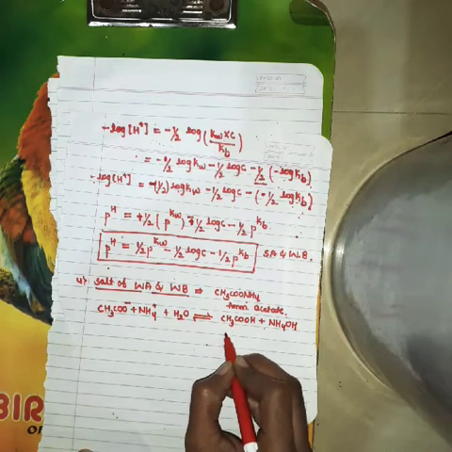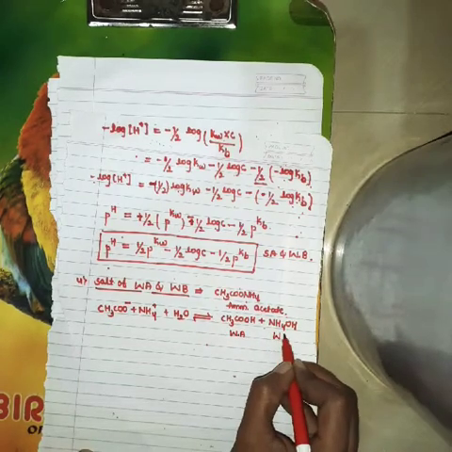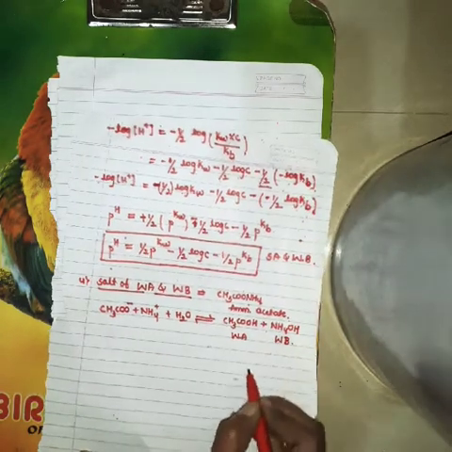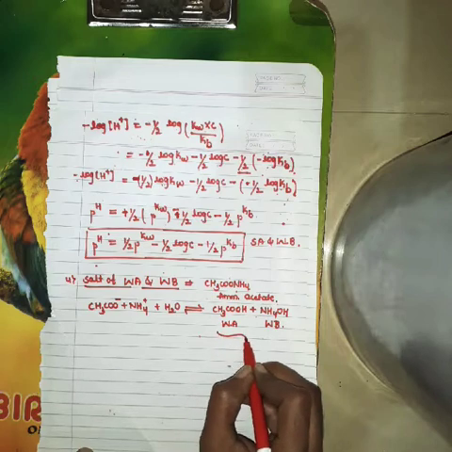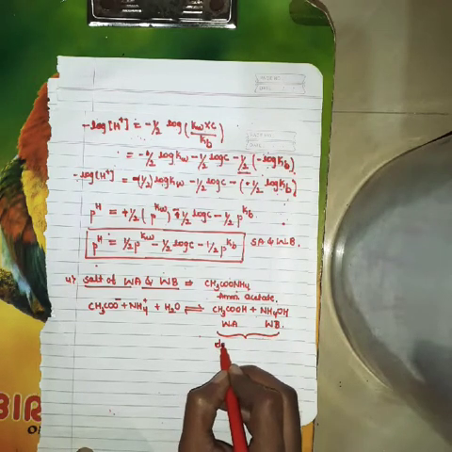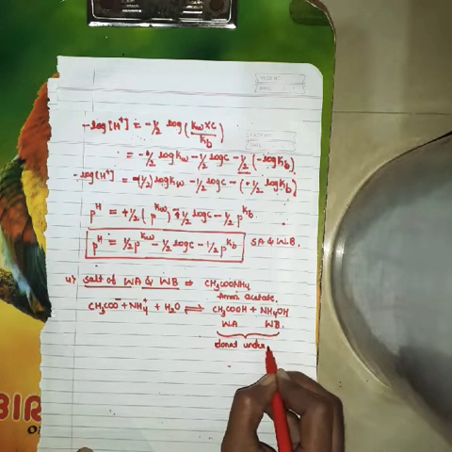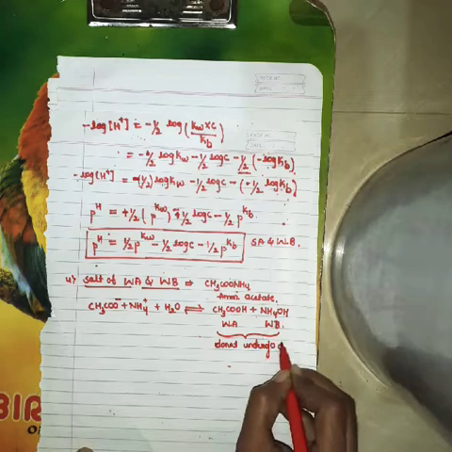You already know acetic acid is a weak acid. Ammonium hydroxide is a weak base. Why are they weak acid and weak base? Because they do not undergo further dissociation.